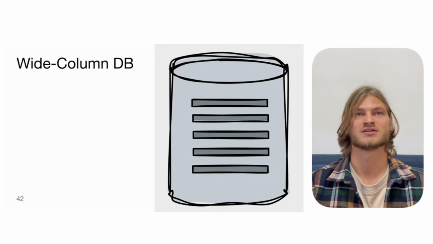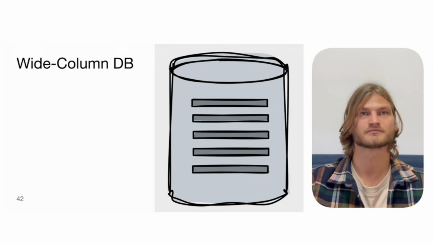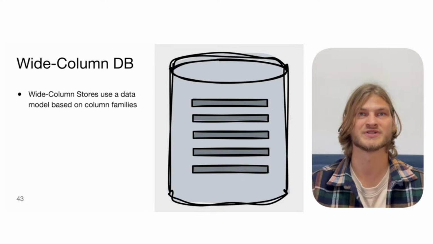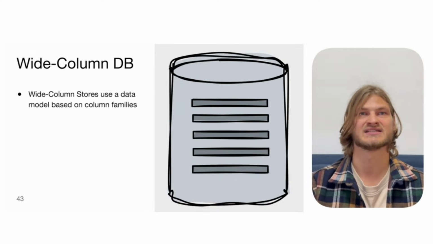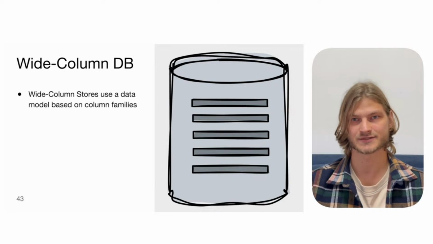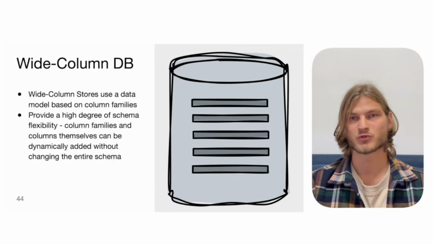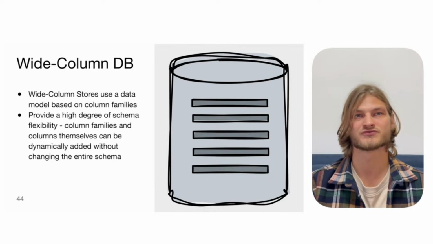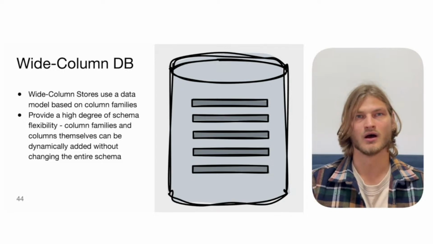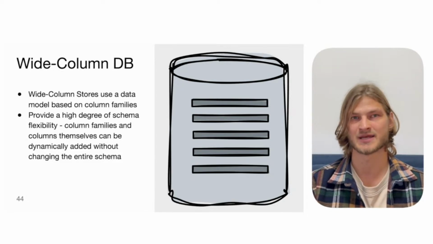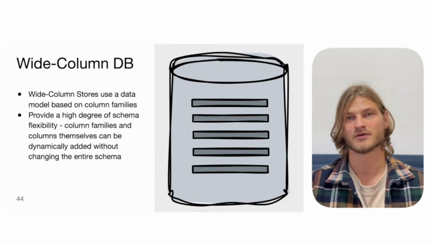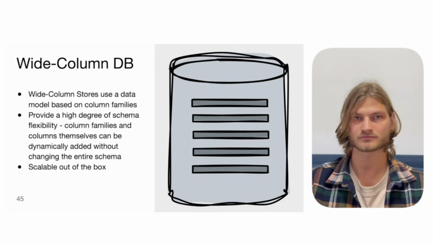Also, I want to speak about wide column DB. Wide column stores use a data model based on column families. It provides a high degree of schema flexibility. So column families and columns themselves can be dynamically added without changing the entire schema.